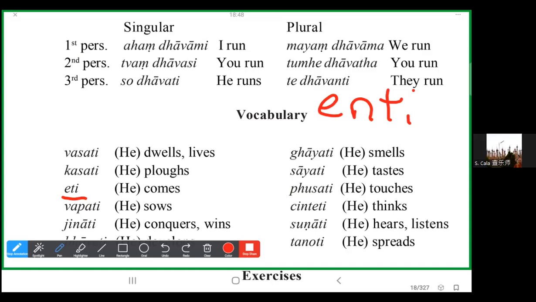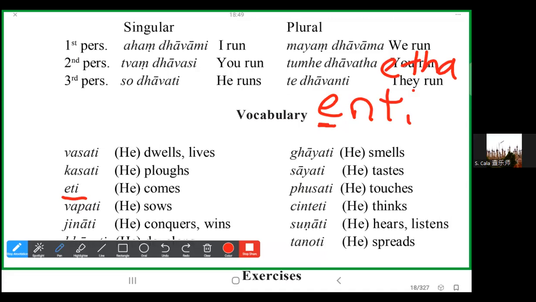Te enti. Tuam esi. Tumhe eta. No, eta. Eta. Eta. Then aham emi. Mayam ema. Okay. A already is a long vowel, so all the sound is similar because it's one vowel.